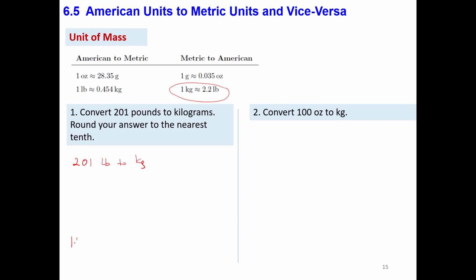And we want to use this, 1 kilogram, 2.2 pounds. It's easier to remember this conversion factor than this one. I prefer to use this one.